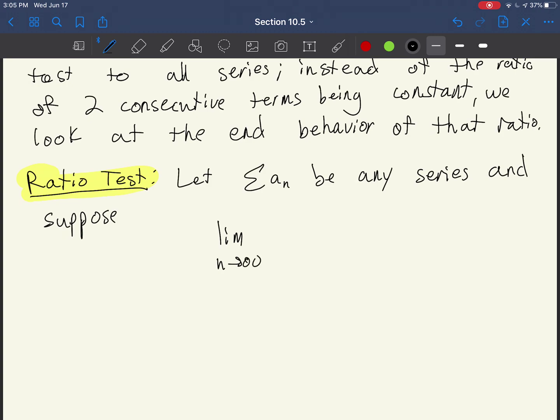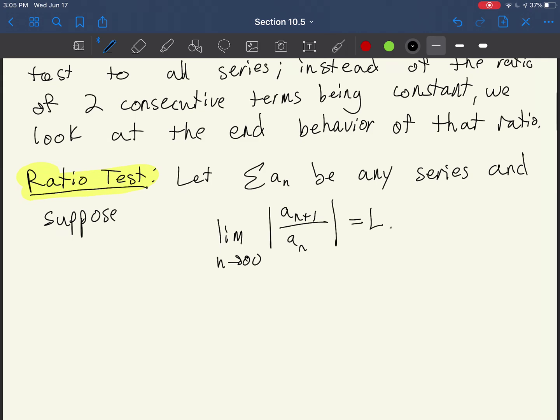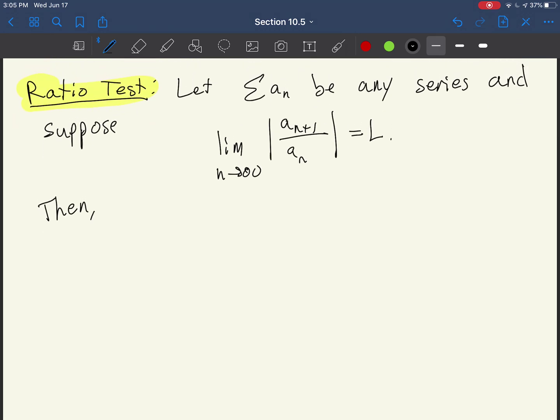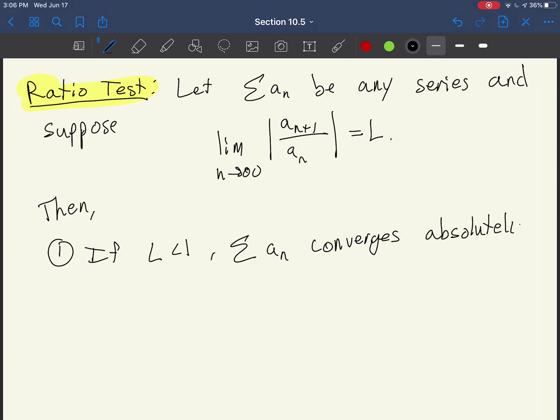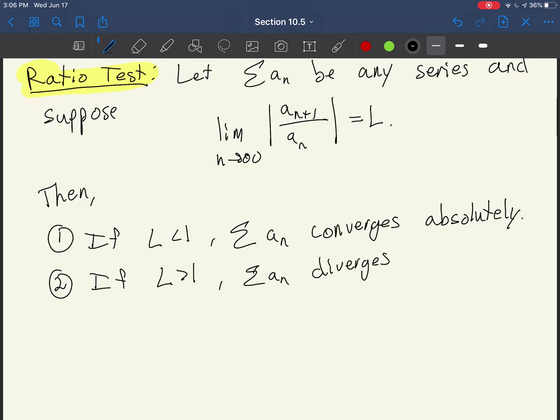And suppose that the limit, as n goes to infinity, of the absolute value of the ratio we were talking about, an plus 1 over an, suppose that this limit is L. Then we have 3 parts to the ratio test. 1, if L is less than 1, the summation of an converges absolutely. 2, if L is greater than 1, then the summation of an diverges.